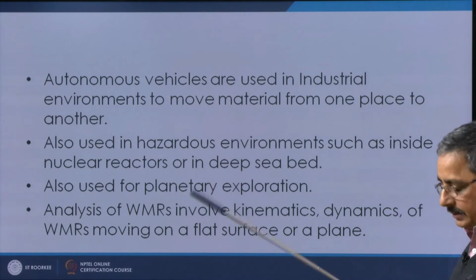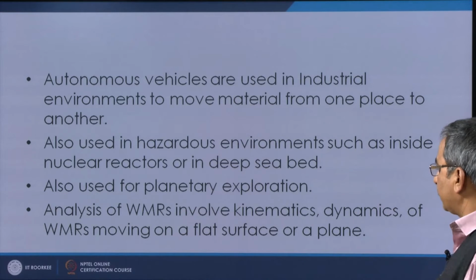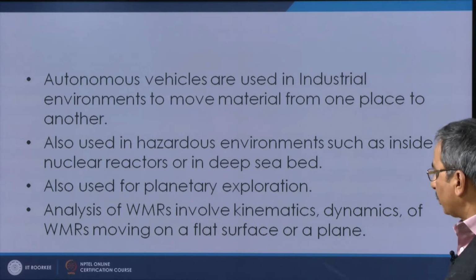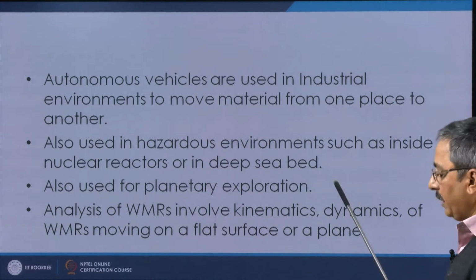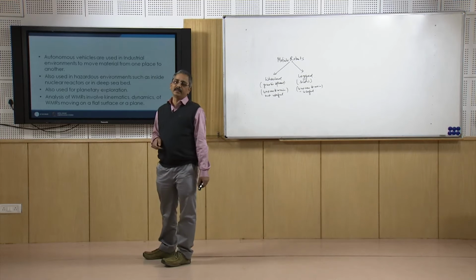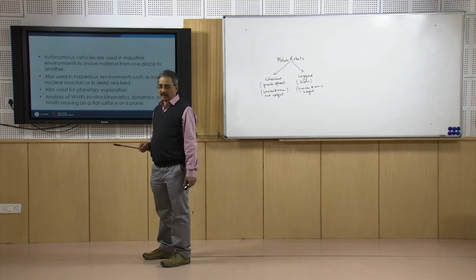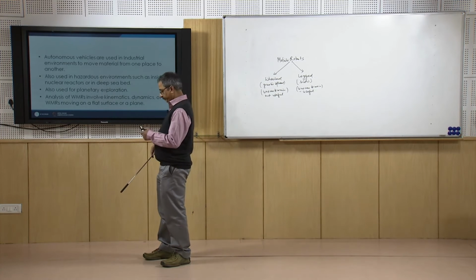Now, analysis of these wheeled mobile robots involves kinematics and dynamics, and these robots move on a flat surface or in a plane. Of course, there are many more things. For example, we can study the control aspect also, but in this course I will be limiting my discussions to kinematics and dynamics.